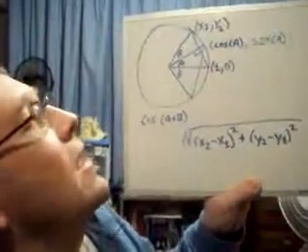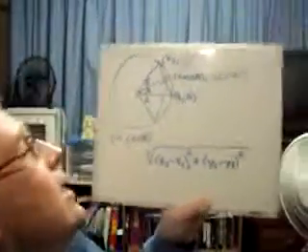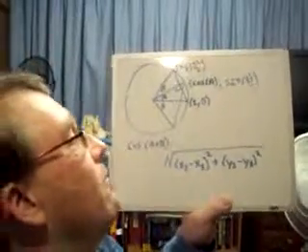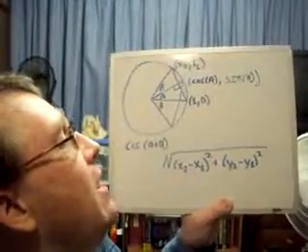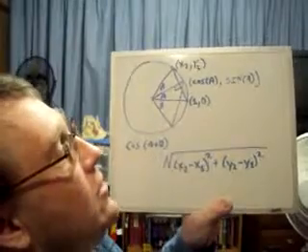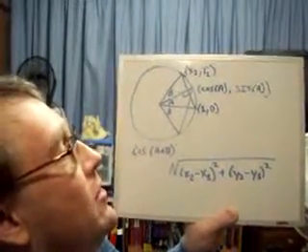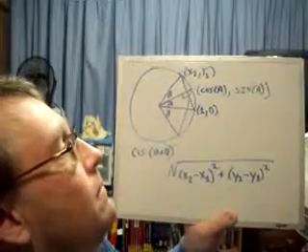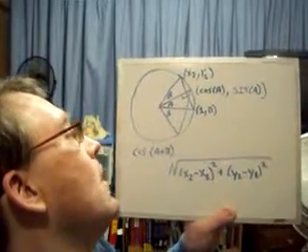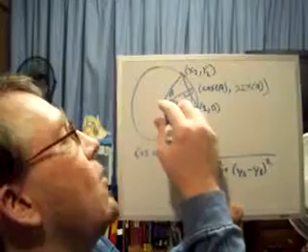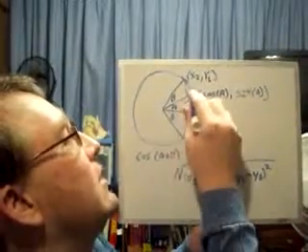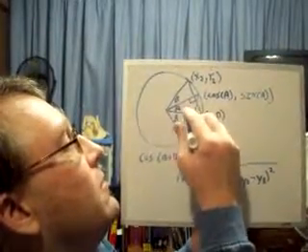Alright? Now then, what is the sine of A? Well, believe it or not, the sine of A is the opposite side over the hypotenuse. So we started with this angle right here, which is the adjacent side over the hypotenuse.